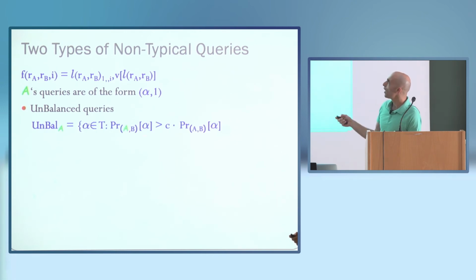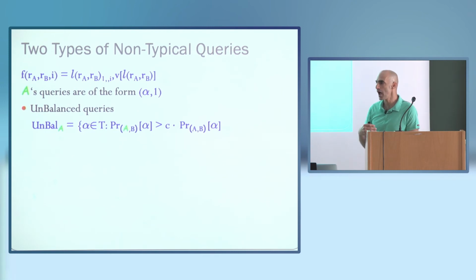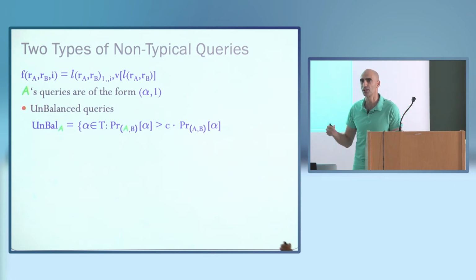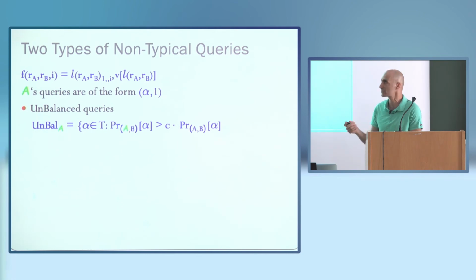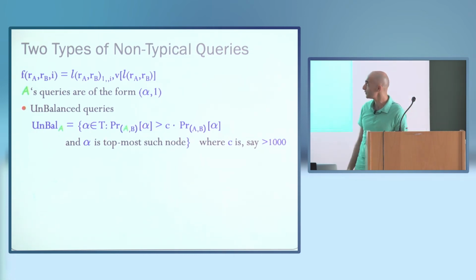There are queries of this form where alpha is a node that Alice may get to with much higher probability than in an honest execution. Namely, in an execution where Alice is malicious and Bob is honest, you get to this alpha with higher probability, say 1,000 times higher. And also, I'm going to define this frontier, so there are no two nodes here where one is the ancestor of the other.